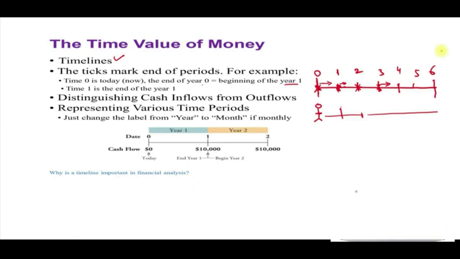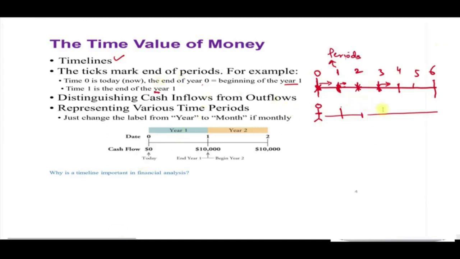Time 1 is the end of period 1, or year 1. Time 1 is the end. This shows the start of the period, this shows the end of the period, representing various time periods. Just change the label from year to month if monthly. That's why we are not calling it year, we are calling it periods. Periods can be yearly, monthly, quarterly.